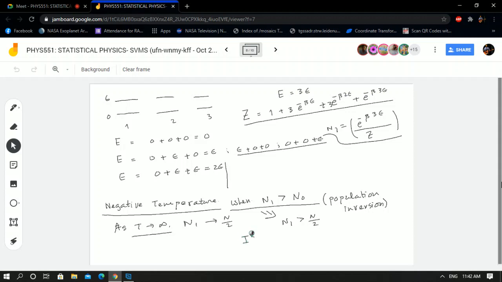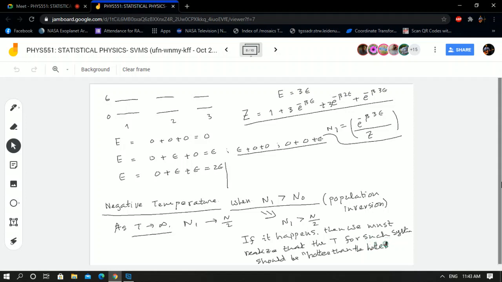If it happens, then we must realize that the temperature T for such a system should be what we call hotter than the hottest.